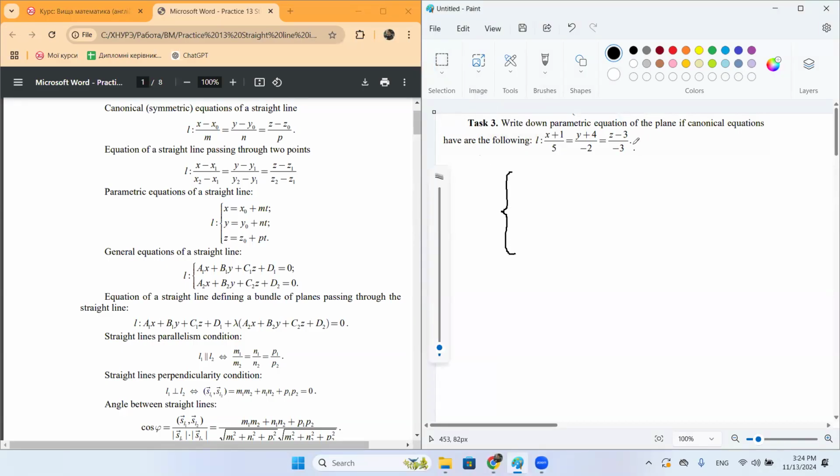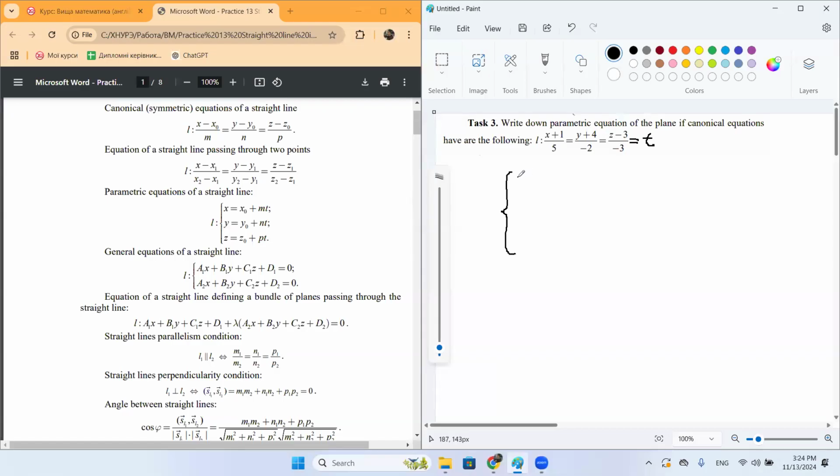Basically everything equals t, so it will be more convenient for you. So x minus 1 by 5 equals y plus 4 by minus 2 equals z minus 3 by minus 3, and it equals t.